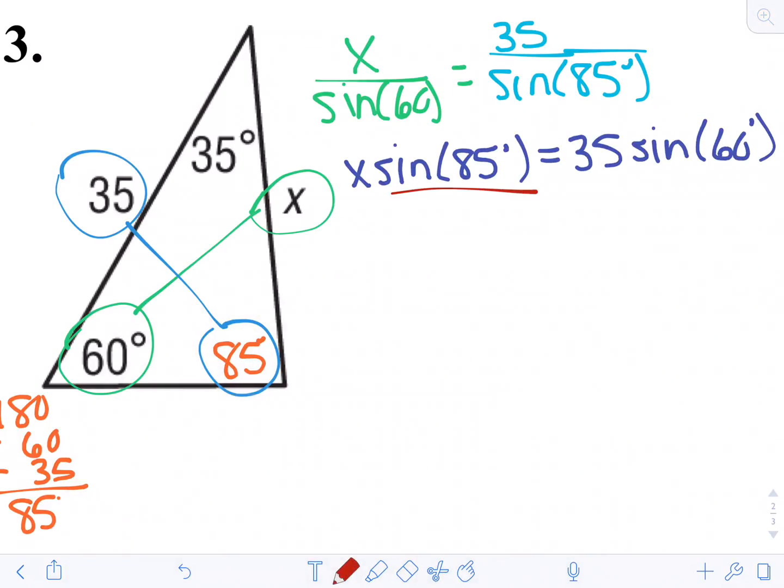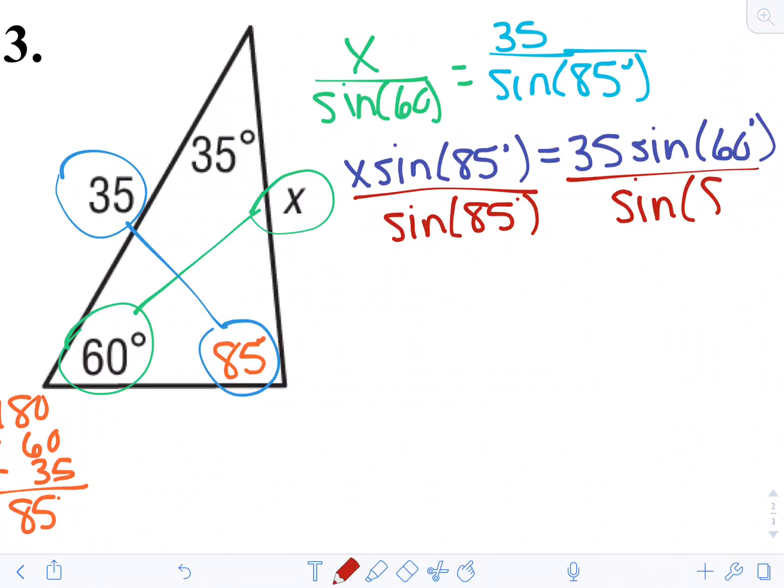And I've got to divide by that sine of 85, because that gets rid of those. So now I can figure out what x is equal to. So 35 times sine of 60 divided by sine of 85. Make sure again your calculator is in degrees. We're rounding to the nearest tenth, so that will give us 30.4.